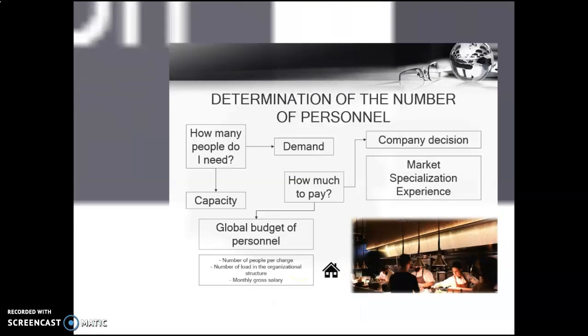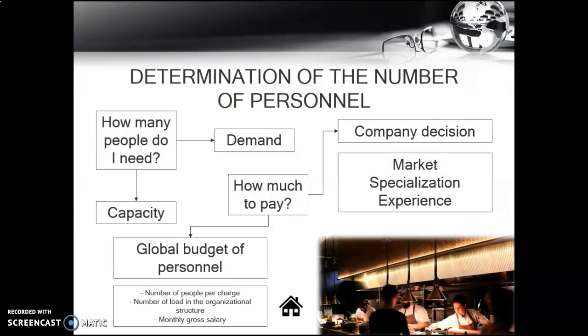To complete the profile, it is necessary to determine the number of people that will be required to occupy said position and what their salary is.